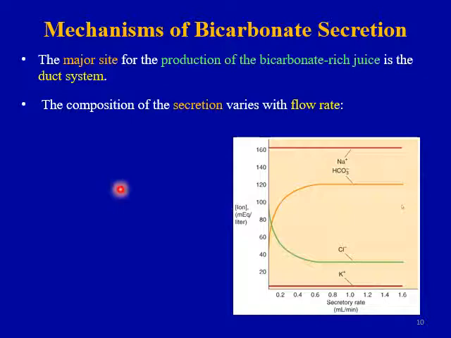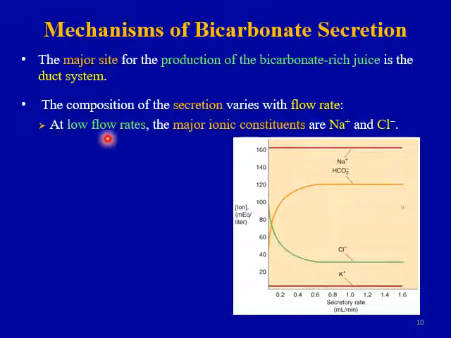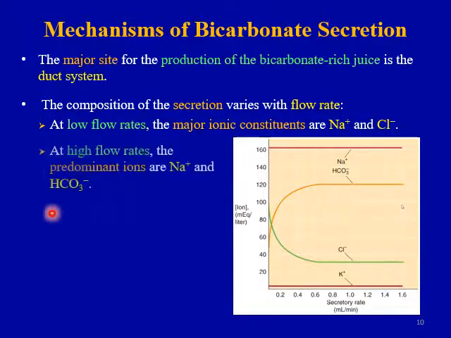Okay, so as I said, the composition of the secretion varies with the flow rate. At low flow rates, the major ionic constituents are sodium and chloride. So at low flow rate, we have chloride high and sodium high. At high flow rates, the predominant ions are sodium and bicarbonate.